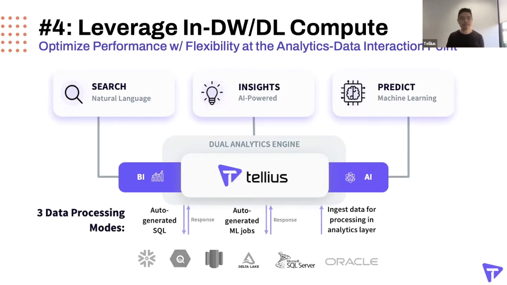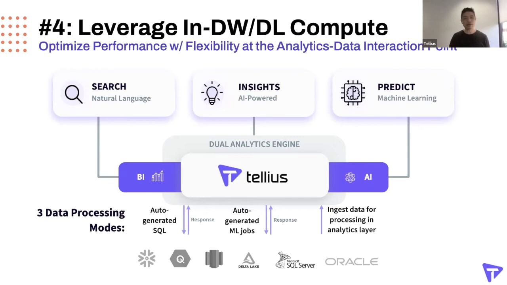And at Tellius here, we actually support 3 different modes of processing, right? So on the left side here, you see what you might commonly see from some BI tools, is that we'll automatically generate SQL. So if you want to push down queries into your SQL stores, that's certainly possible to basically push down the compute onto that layer and then have the response retrieved, for us to then present to users.